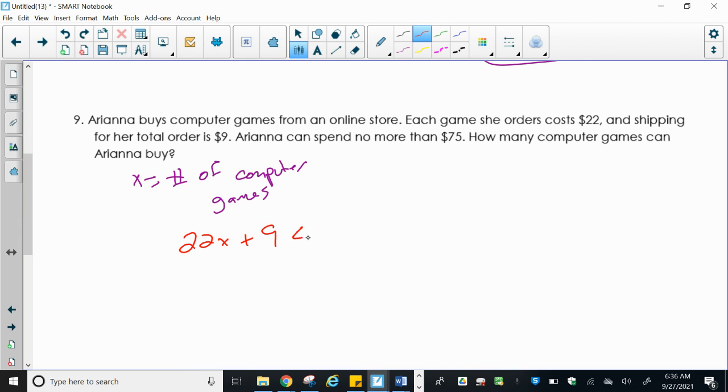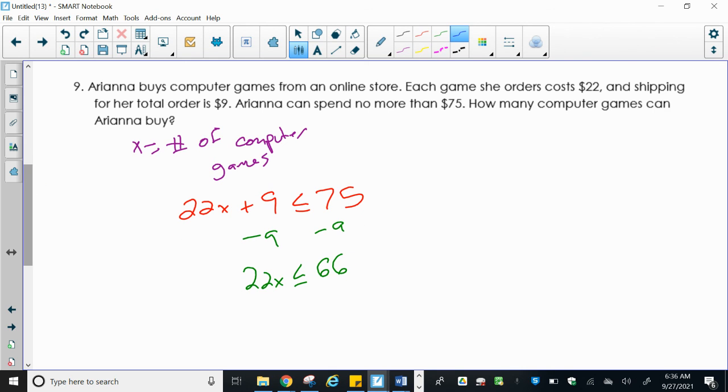We have no more than $75, so less than or equal to 75. Minus the 9 over: 22x is less than or equal to 66. Divided by 22, x is less than or equal to 3. So at most 3 games.